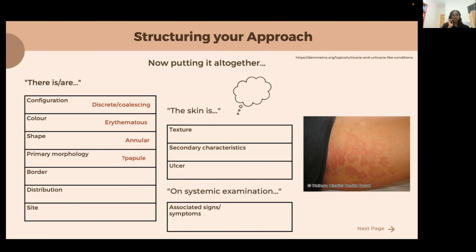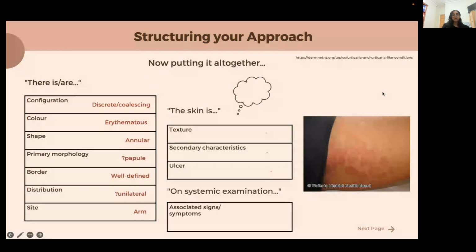It's difficult to see from this image. I think now they actually look more like patches. It's hard to tell, but they've got well-defined borders. We can assume here that it's unilateral, it's on the arm, and they don't have any texture or secondary characteristics.